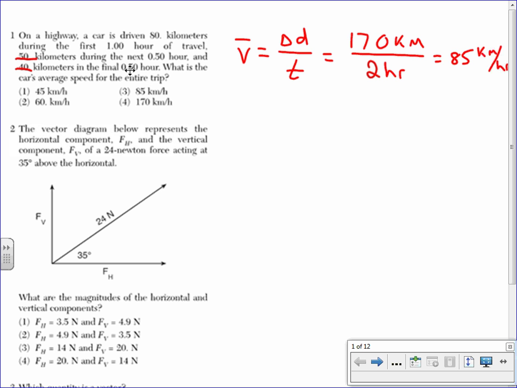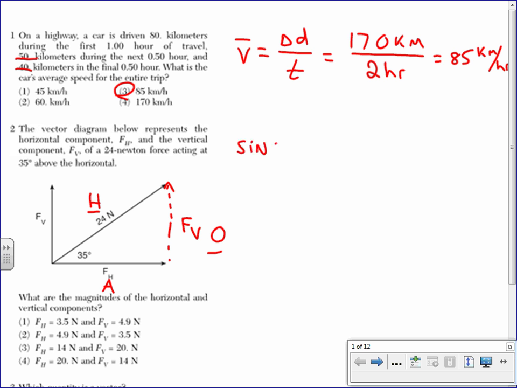Number 2, it is looking at a vector, and we're asked to find the vertical and horizontal components. So we're going to set up a right triangle and do some trigonometry. So if we're trying to find the vertical component, that is the opposite side. We have the hypotenuse, and we have the adjacent side. So to find the opposite side, when we have the hypotenuse, that's going to be your sine function.